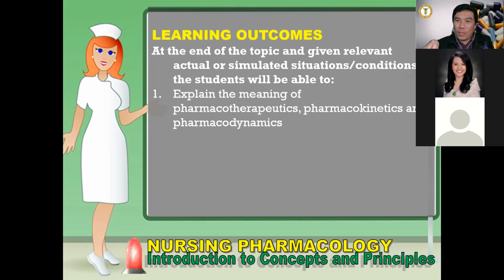Once it goes to the stomach, there is a possibility that the drug may interact with the hydrochloric acid. The pH of the stomach is acidic because of the secretion of hydrochloric acid.